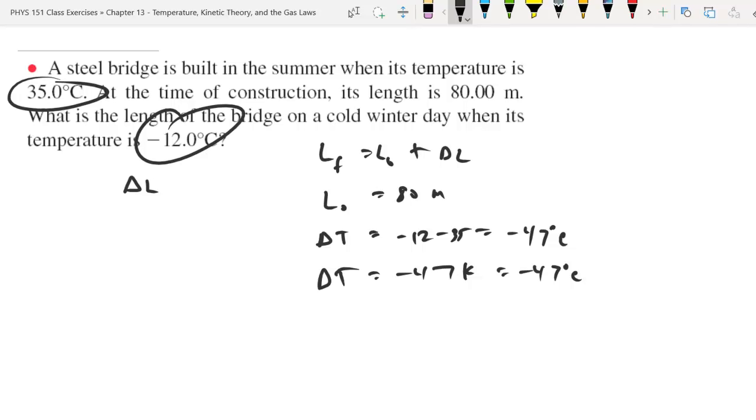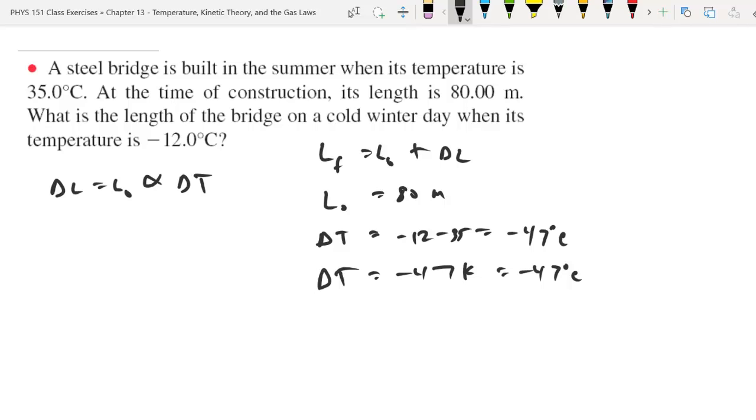Okay, and what else do we need? Our equation here: delta L, the change in length, is the starting length times the coefficient of thermal linear expansion times the change in temperature.